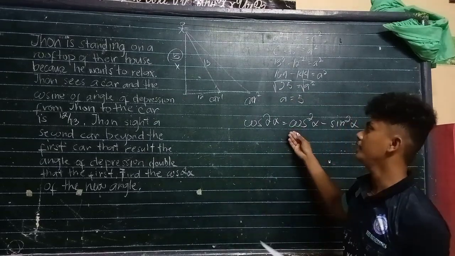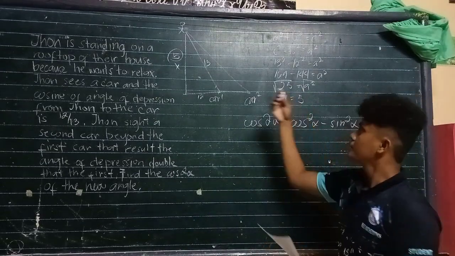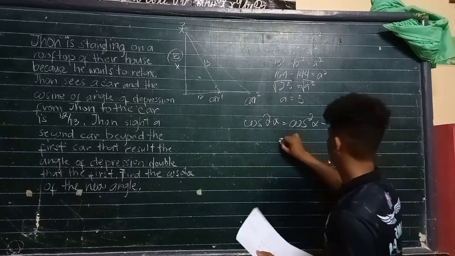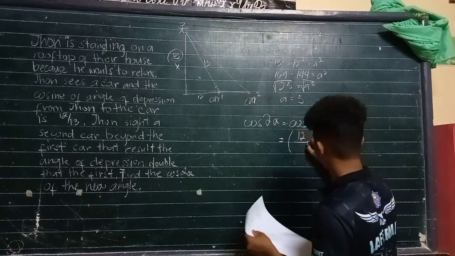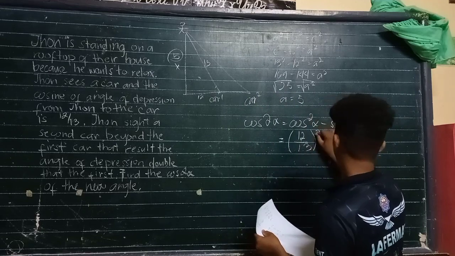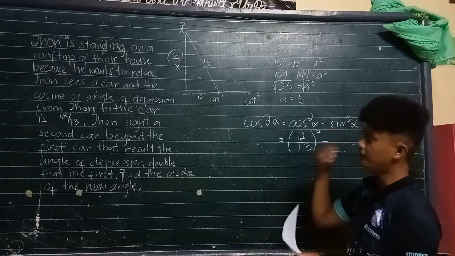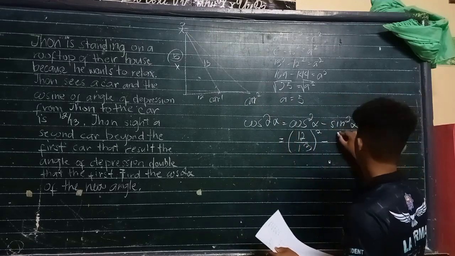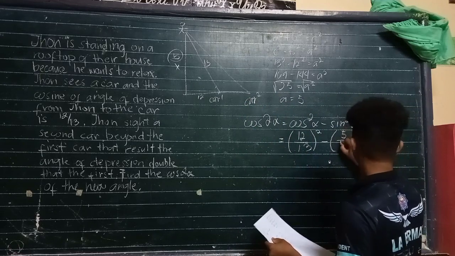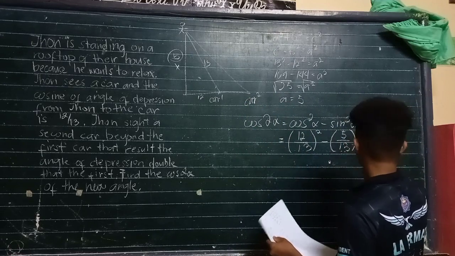Cos here is 12 over 13, squared, minus sine here, which is 5 over 13, squared.